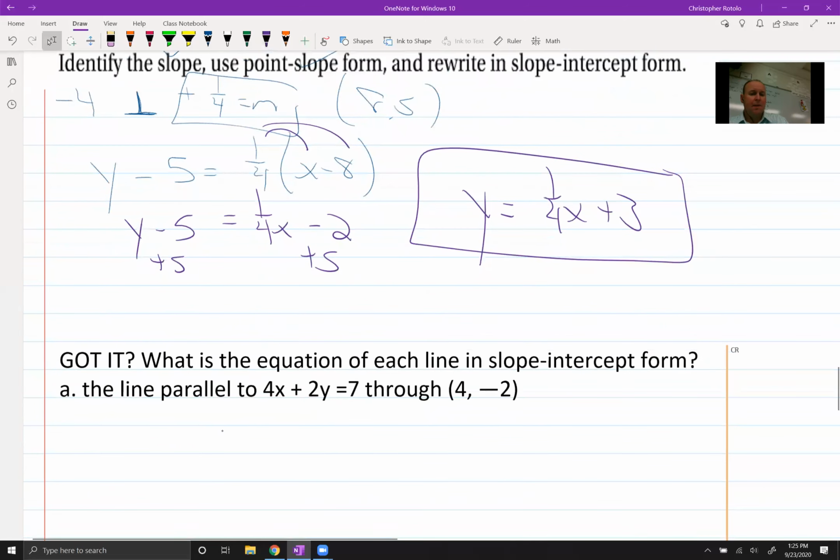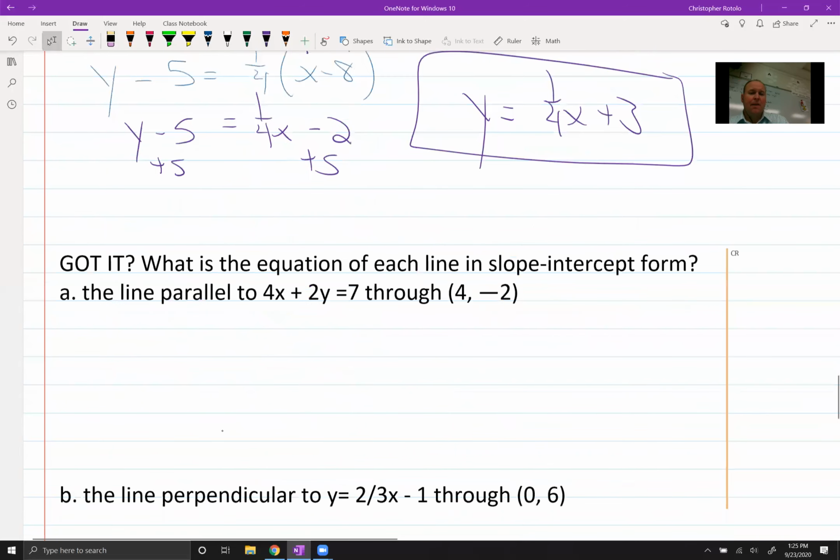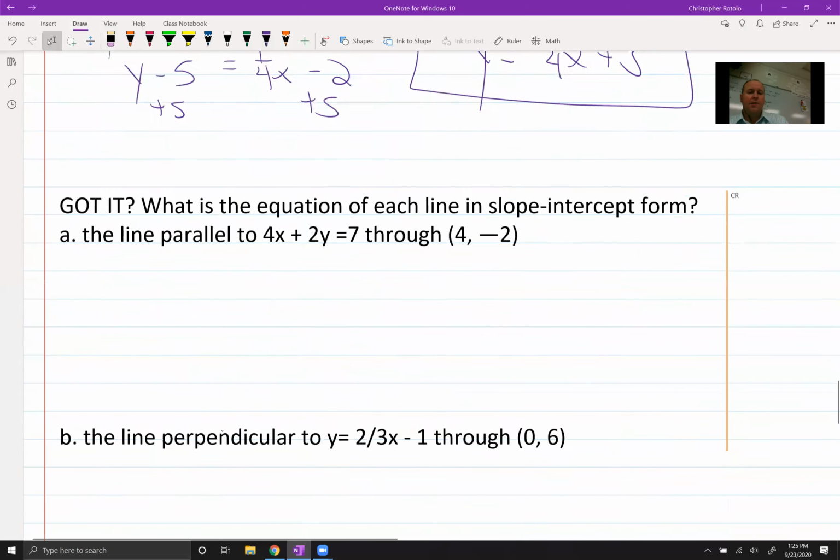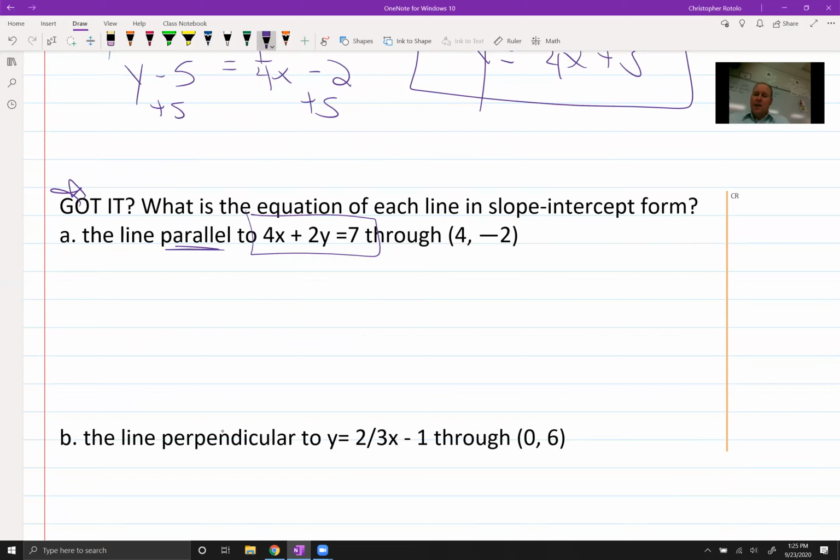Okay. All right, let's see if you got it. What is the equation to each line in slope intercept form? The line parallel? Ooh. Is the slope 4? No. I don't know what the slope is yet because this is not in slope intercept form. So when we get to these got it questions, there's a little extra work to do.